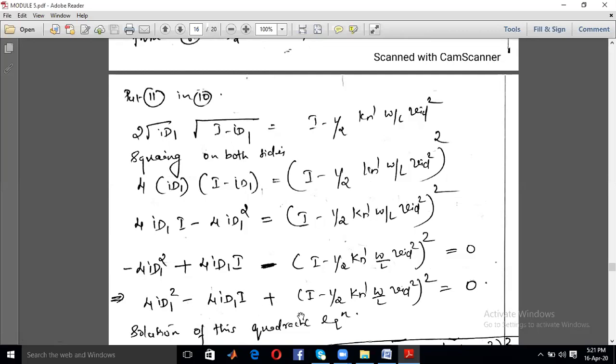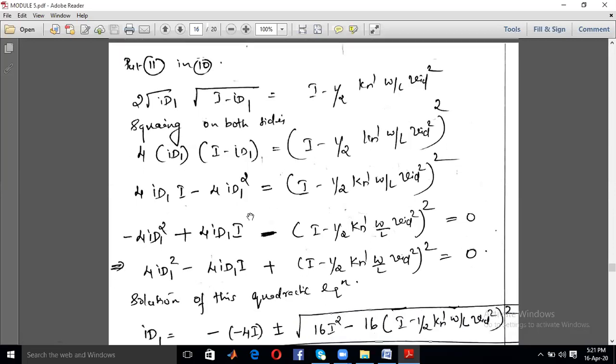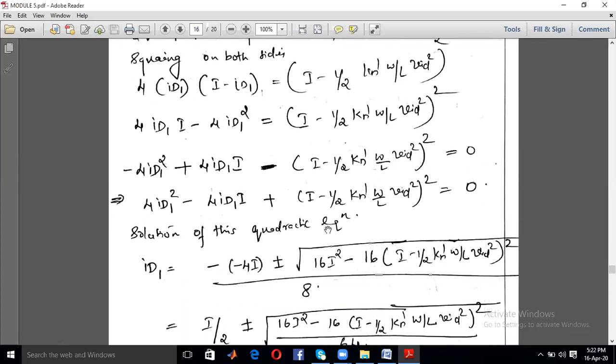So this is a quadratic equation of the form ax square plus bx plus c equal to 0. Here x is the variable, so x is ID1. Here a is 4, b is minus 4I, and c is the entire constant value. All these are constant, there is no change for all these. So a, b and c you know.